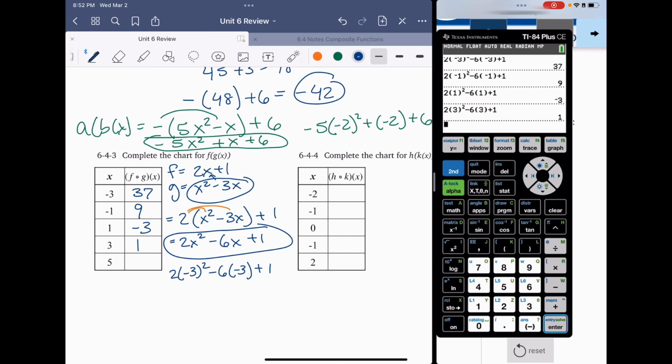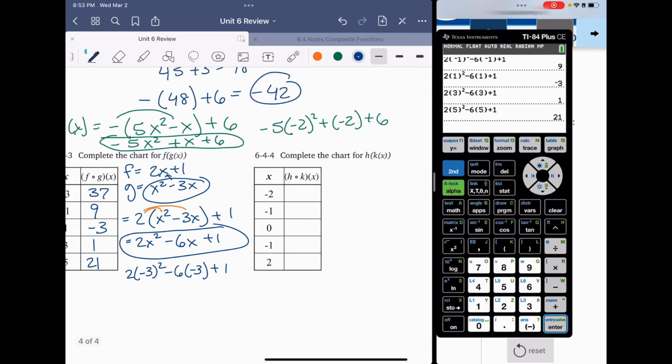And then the last value we need to try is a 5. So change those 3's to a 5. So definitely practice doing this on a calculator because watching me is one thing, doing it yourself, it's good to practice it. All right, 21. So that one's done.